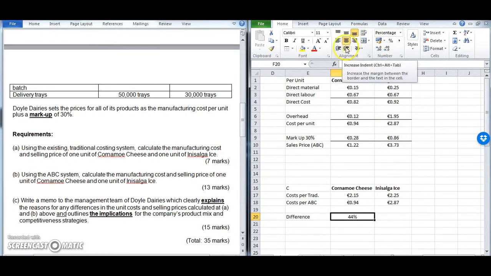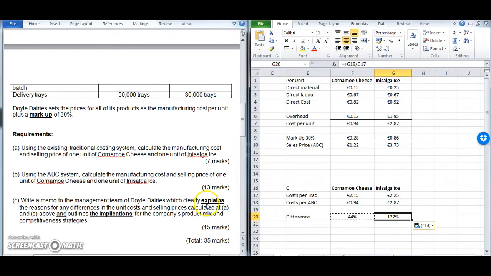The cost per ABC is only 44% of the cost per the traditional, so a big fall in the cost for your Carnmore cheese. And likewise, if we do the same analysis for Inisallig ice, it's actually a 27% increase. So it suggests Carnmore cheese was overcosted based on the traditional method, and subsequently overpriced. And Inisallig ice was undercosted in the traditional method, and subsequently underpriced.